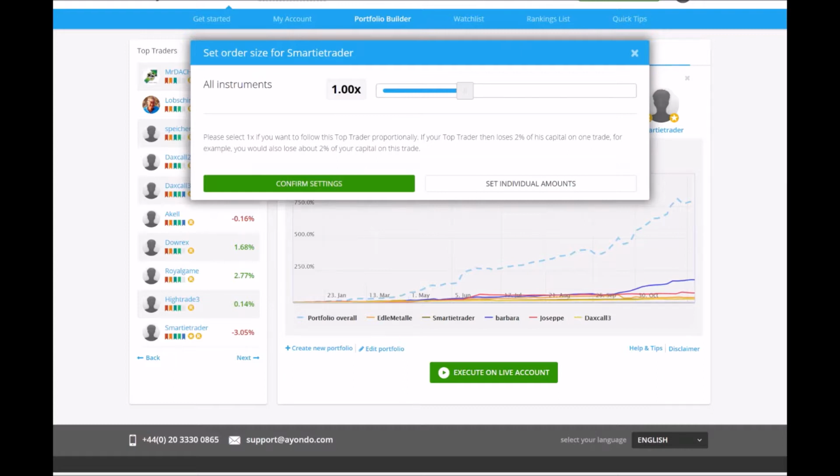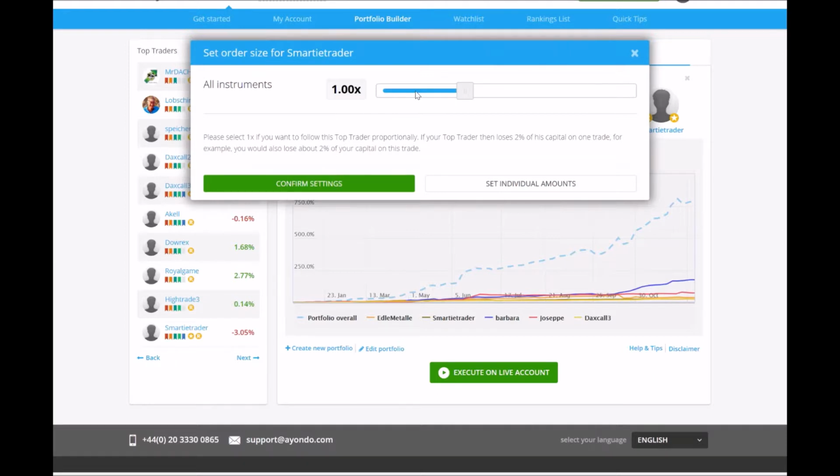The same trade will be done on my account, but not at the same size, because my account is a tenth the size of Smarty Trader's. But it all works on a percentage basis. So if they do a trade where their stop loss is 1.5% away from where they got in, the same size trade will be done on my account.